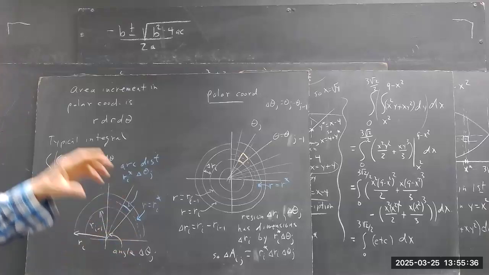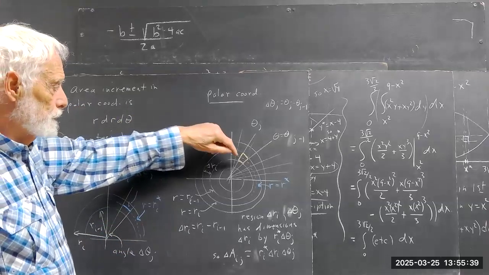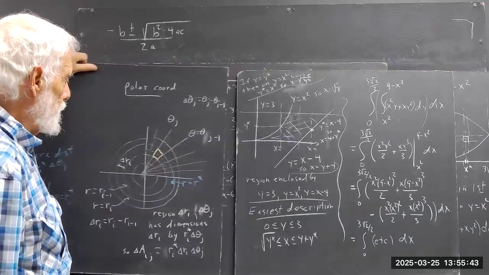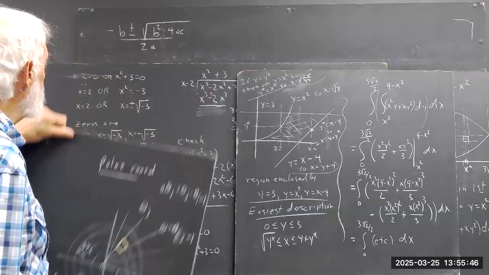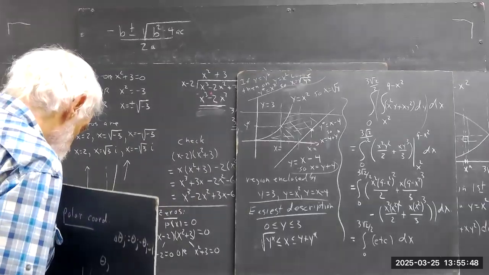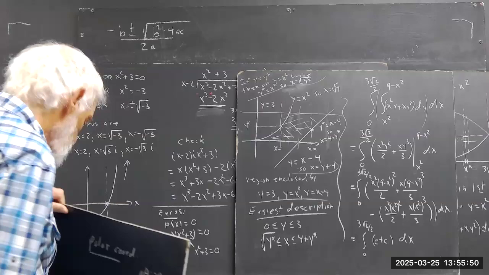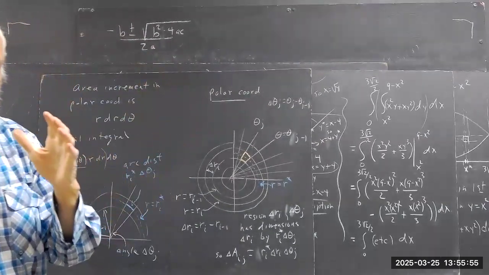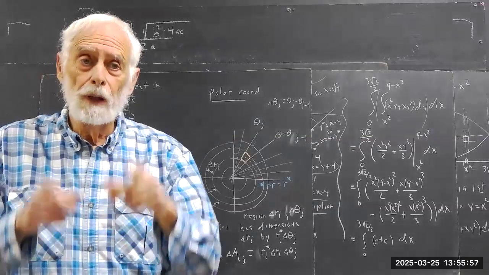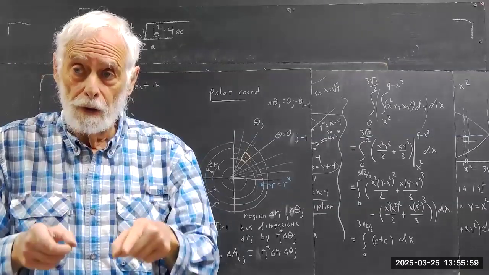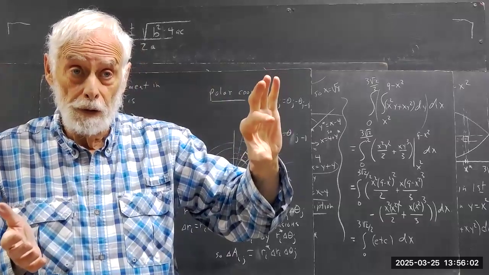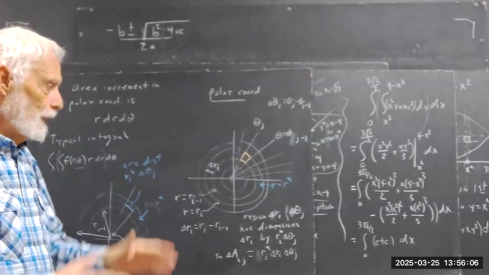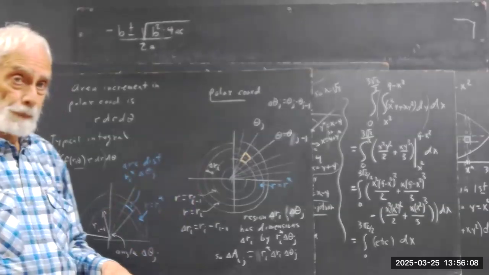But I want you to focus on what I'm saying here: just as in XY coordinates your natural interval is a rectangle, a delta X by delta Y rectangle, in polar coordinates you have this kind of flared out region.